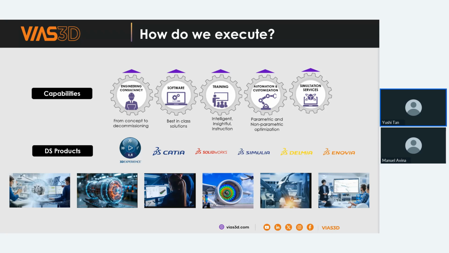Software sales is another area that we are helping with, leveraging best-in-class solutions to address industry challenges and needs. We are a Dassault Systems value-added reseller, providing various Dassault Systems products, including 3D Experience, CATIA, SolidWorks, Simulia, which Electromagnetics falls under, also Delmia in manufacturing, and Innovia in project management.